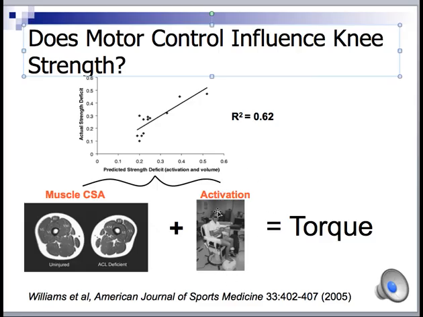So only through combining activation and the muscle state itself were they able to establish a strong connection between the isometric torque, which is connected to the force output in this particular case, and the muscle state. So what this underscores is the importance of both activation and things like muscle design when you're considering muscle function in your patients.